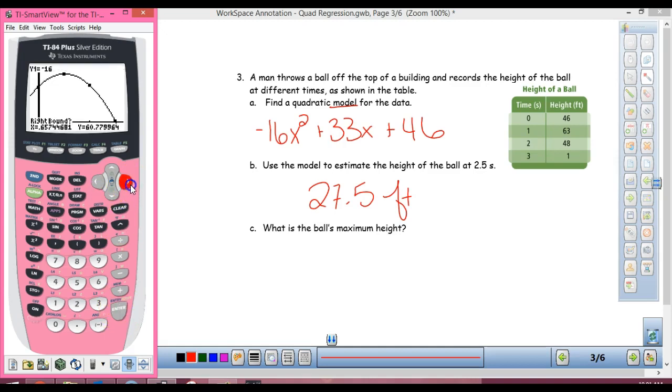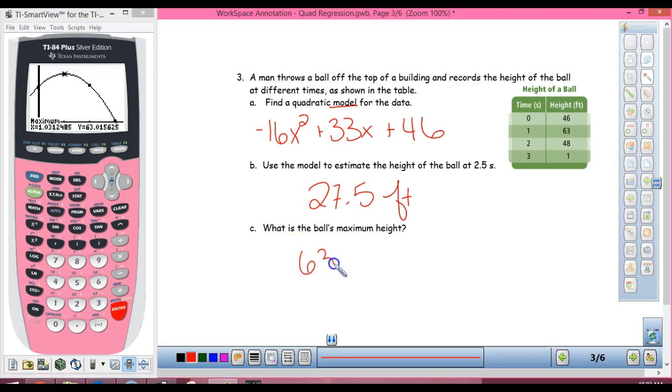Right bound. We got to get to the right side. Maybe if it stops. Yes, it's in the middle. Enter. What's my maximum height? About 63.02 feet.